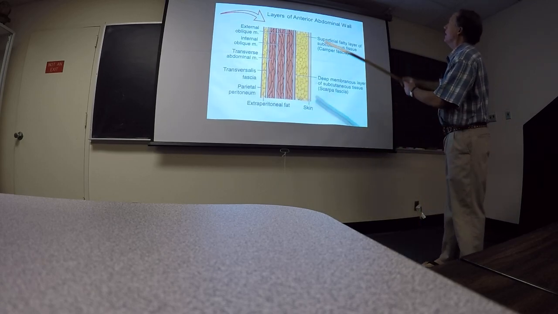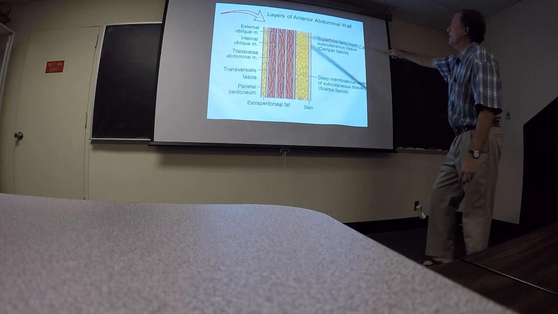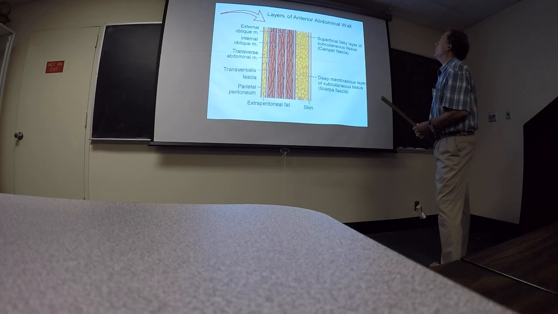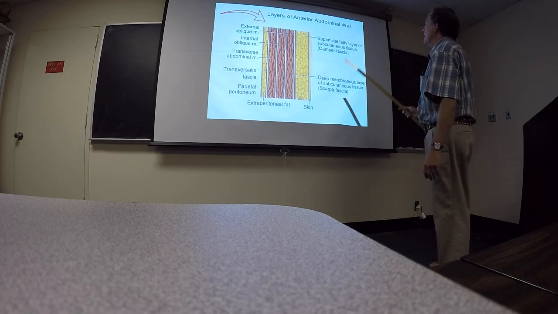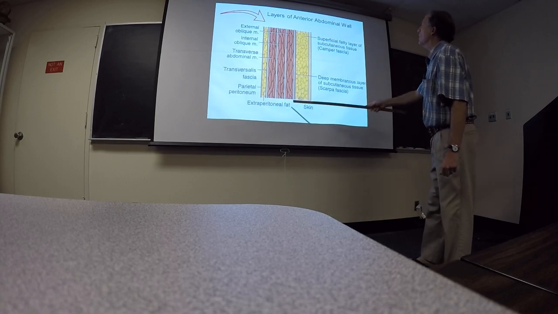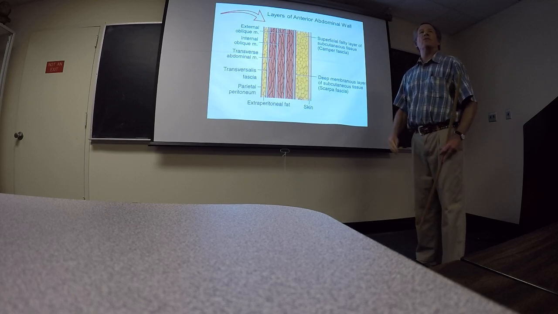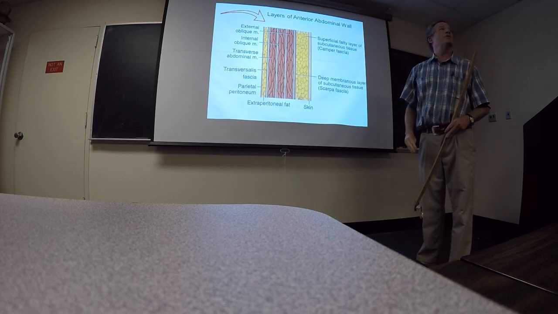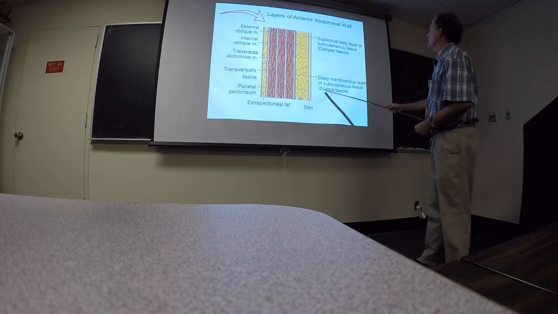Deep to that is a layer of fat, obviously of varying thickness depending upon the individual, which is known as Camper's fascia. Deep to that there is another fascia, and it's more like the fascia you saw lining the inside of the thorax, right? Sort of this thin, filmy thing. Looks like a little bit of gauze or something. It's not as fat and thick as this one, and that's known as Scarpa's fascia.